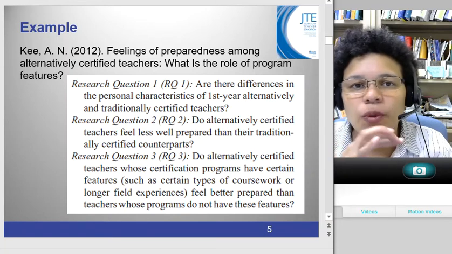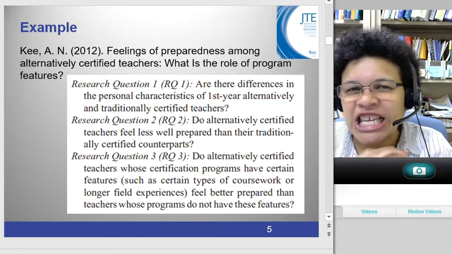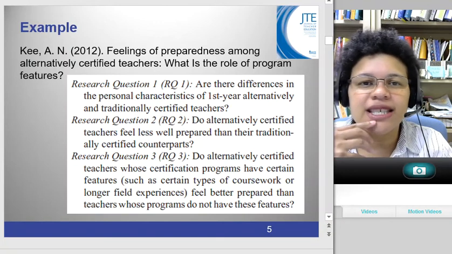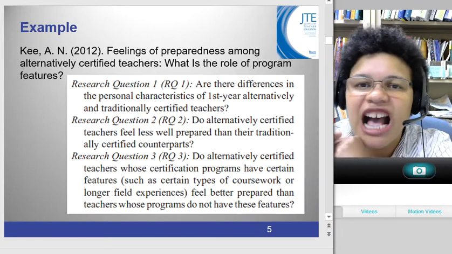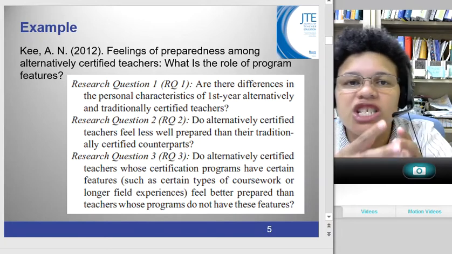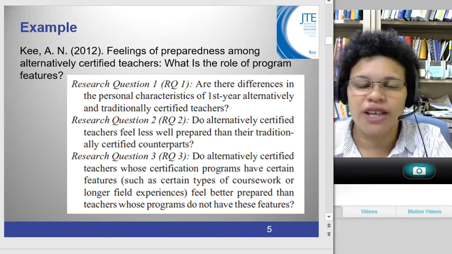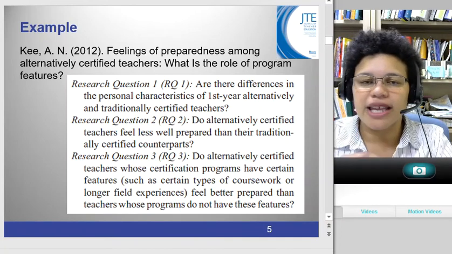I was interested in this idea. All throughout the late 90s and early 2000s, there was this tension, this battle, this conflict between traditional teacher certification and alternative teacher certification. Alternative teacher certifications were programs that trained potential teachers very quickly.